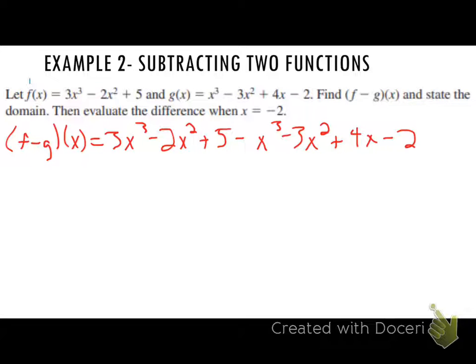Or am I missing anything? Parentheses around g of x. Right now, if I would have left it like that, it's not telling me to distribute a negative or anything like that, is it? It's just changing the sign of this x cubed term. I need it to change the sign of every term in that g of x function by distributing my negative.